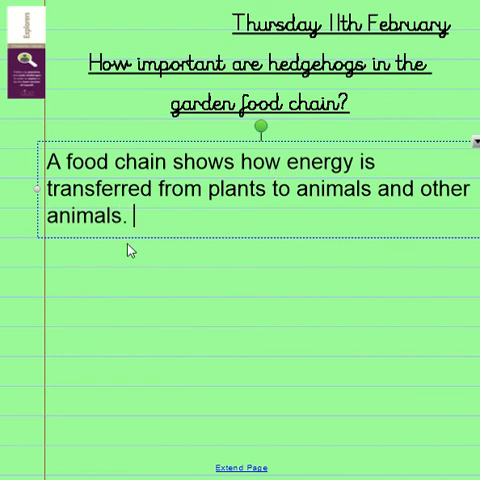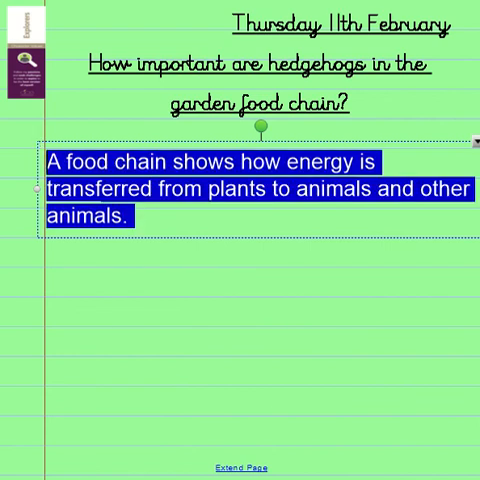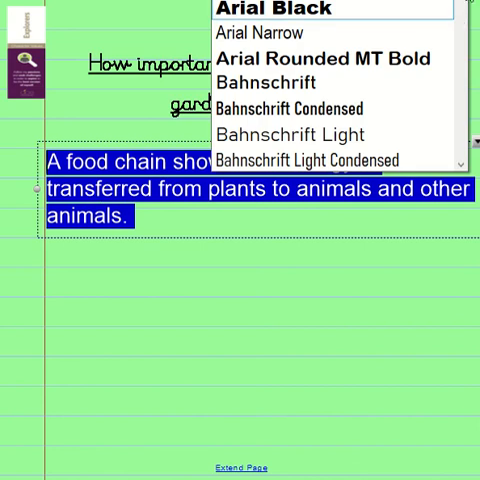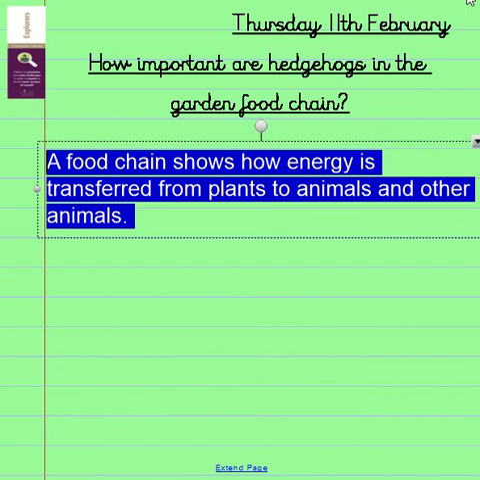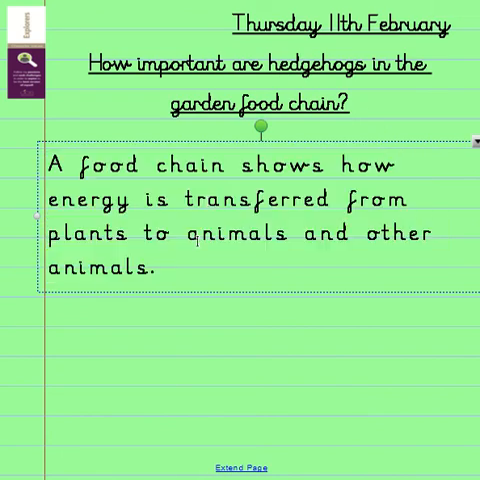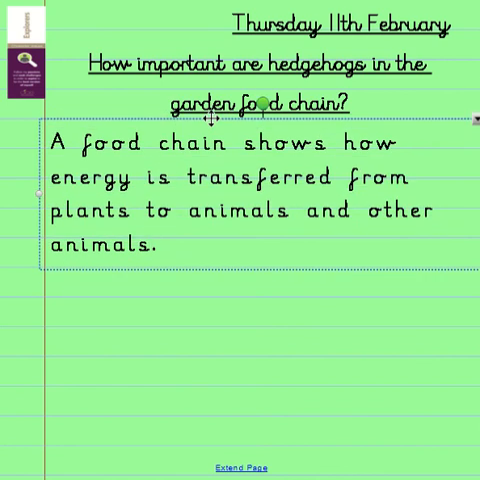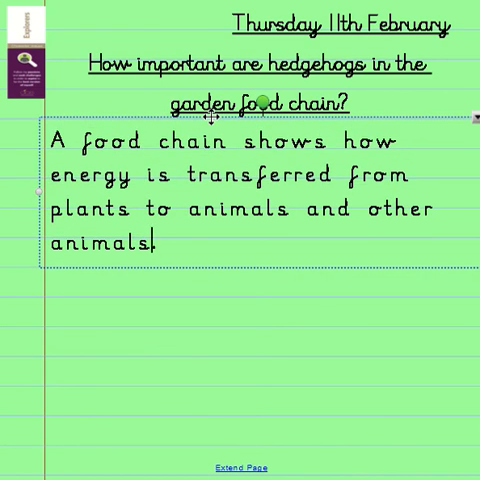So in our food chain that we're going to draw, what does it always start off with? That's right, always starts off with the sun, doesn't it? And the sun transfers its energy into the plant, and the plant uses that energy from the sun and air and water to produce its own food.